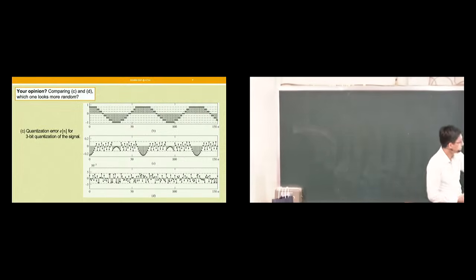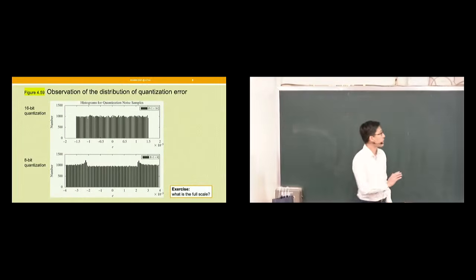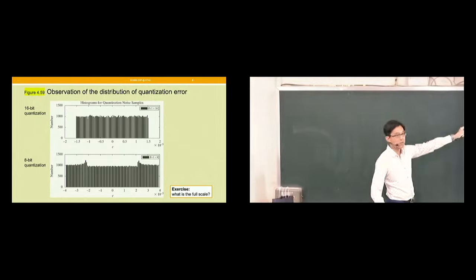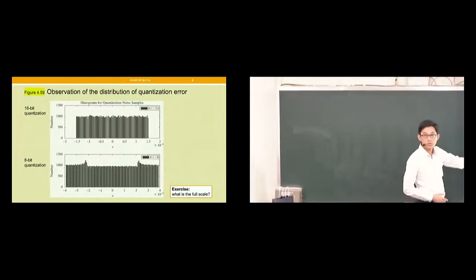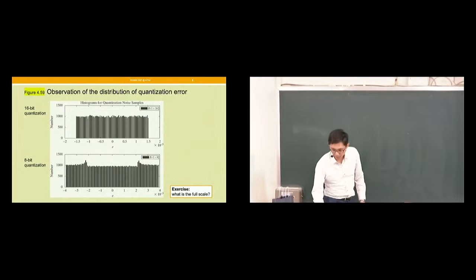Later, when we come back next week, we'll see that when we increase the number of bits to 8 or 16, if you observe the distribution of quantization error, it looks like a uniform distribution.